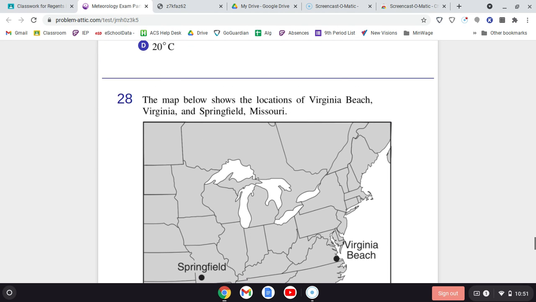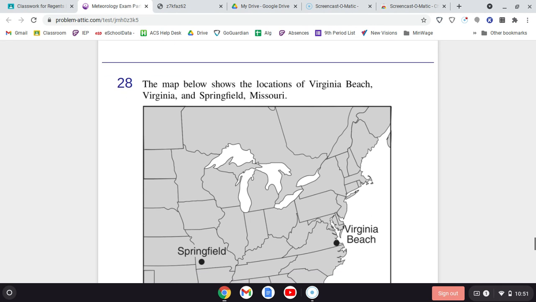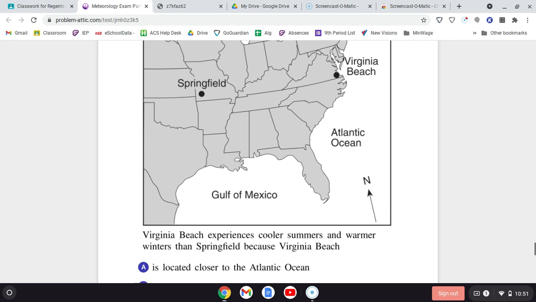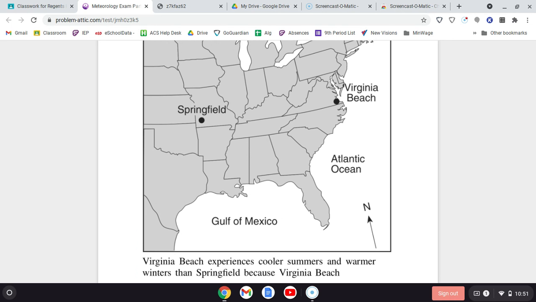Number 28. The map below shows the locations of Virginia Beach, Virginia, and Springfield, Missouri. Virginia Beach experiences cooler summers and warmer winters than Springfield because Virginia Beach, what?